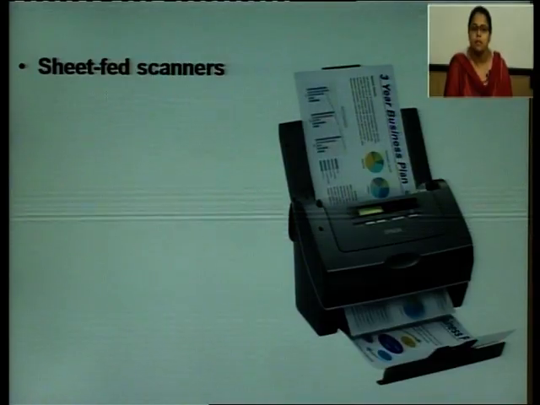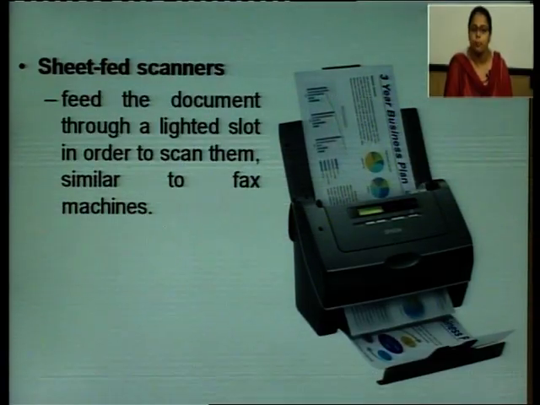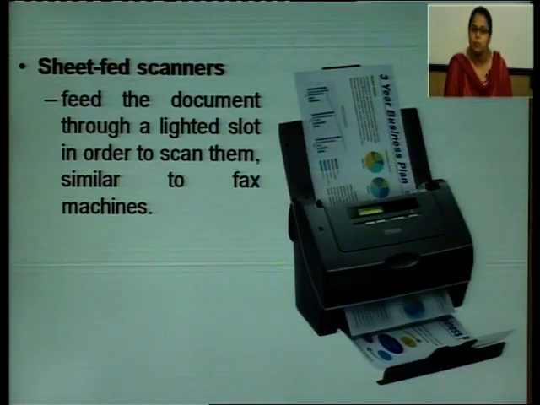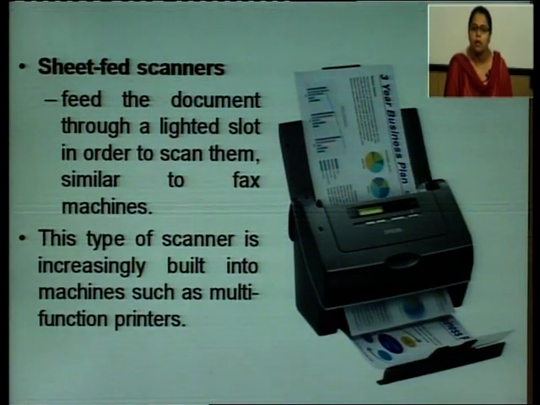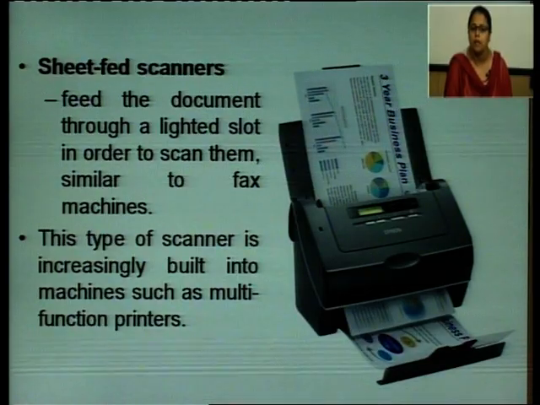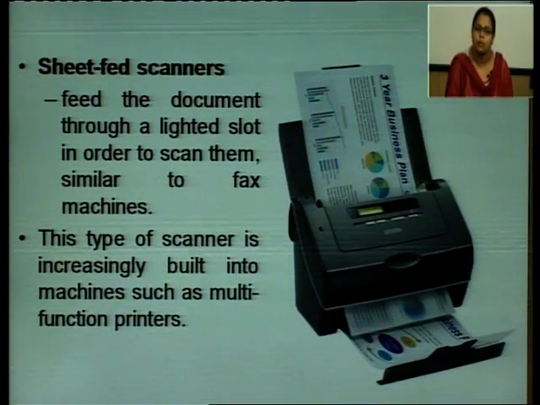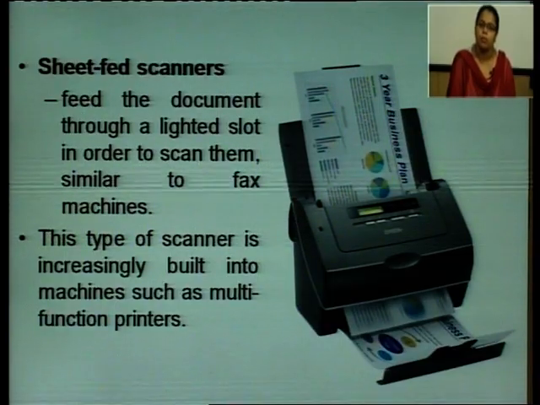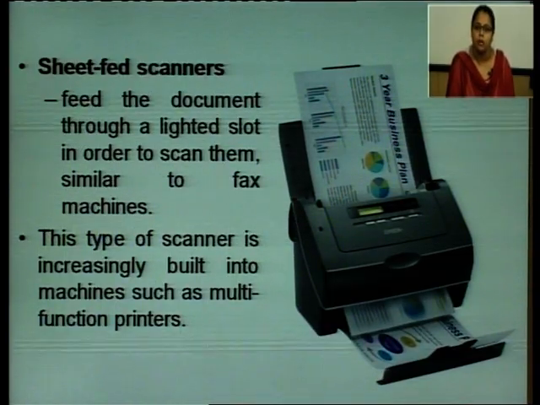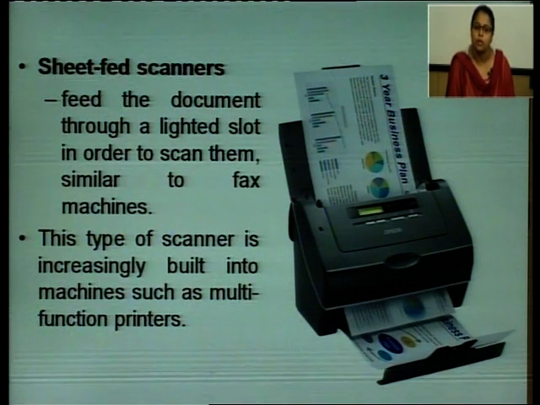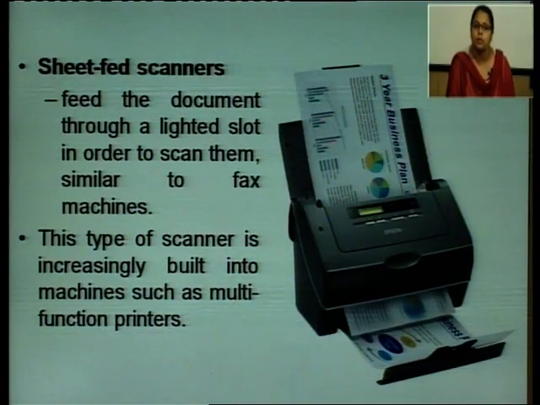Sheet fed scanners feed the document through a lighted slot in order to scan them, similar to fax machines. These are the types of scanners which are increasingly built into machines such as multifunction printers, where more than one function is performed: printing, making photostat copies, and fax machines are also embedded into a single machine. So these types of scanners are built into such multifunction printers.